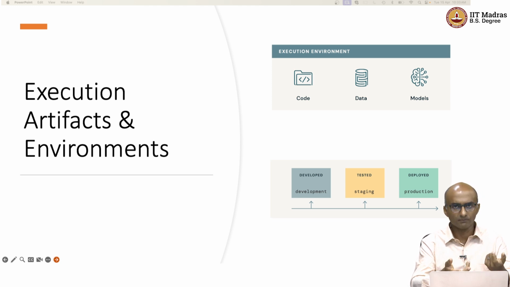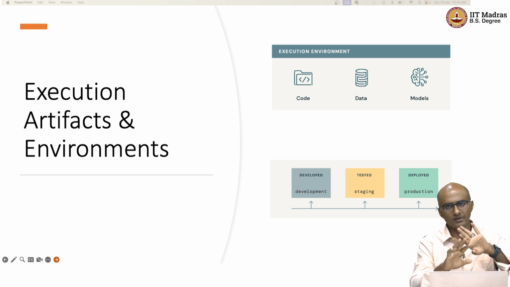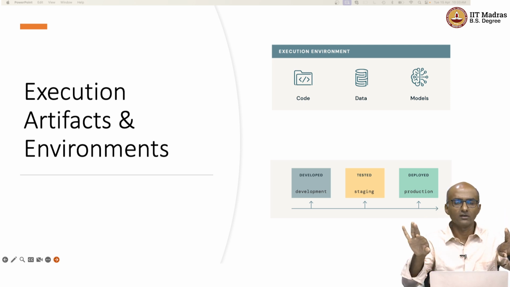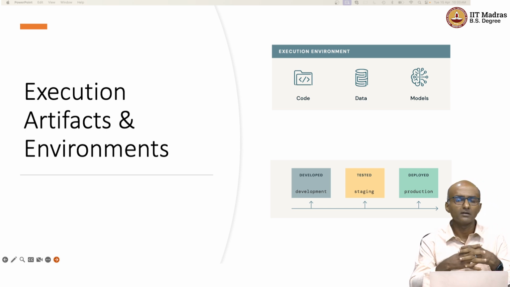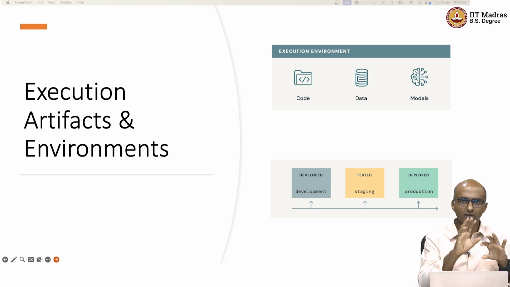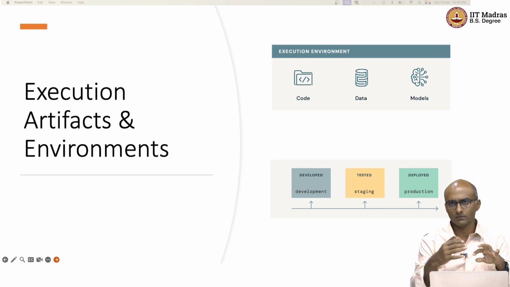So, at the minimum, the common scenario you're going to face in the real world is a separation between development and production. When it comes to machine learning, especially at large scale, and even, for instance, working on generative AI kind of use cases, you're going to have a third environment, which, for the purposes of our discussion, we're going to call staging, which sits in between the development environment and the production environment.